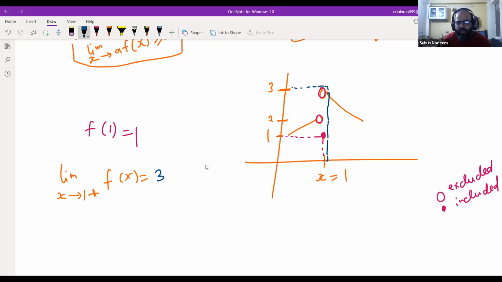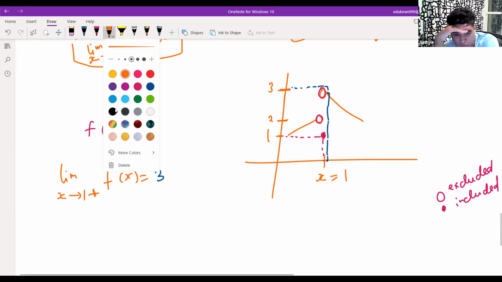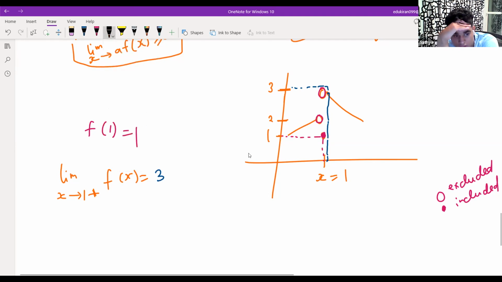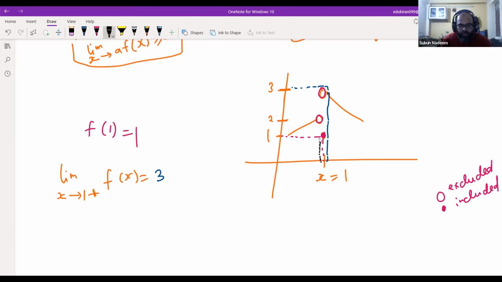So practically it will be 3. At 1 minus, it will be 2. From here, when you go, you will come to this line. So limit x tending towards 1 minus, if you approach from the left side, the left hand limit, will be 2, because from left, the road was coming like this.